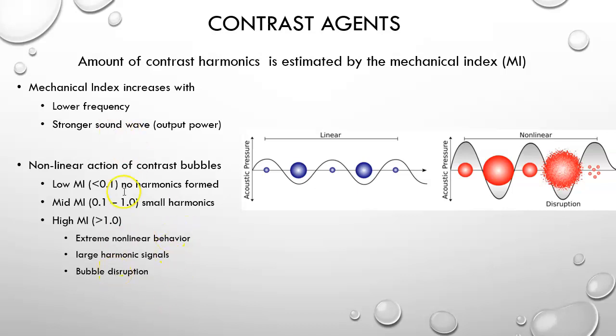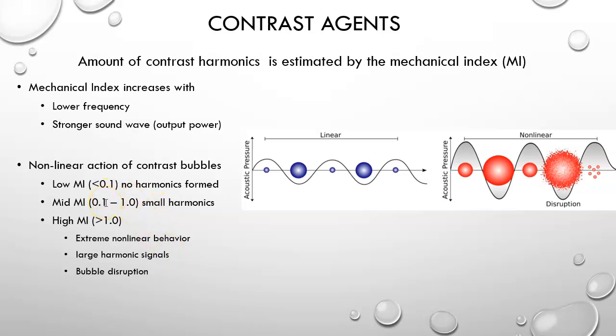Okay, so low MI, less than 0.1 MI, harmonics are not going to form. Even with contrast bubbles, they won't form. In mid mechanical index, so 0.1 to 1.0, you start getting small harmonics. And this is what we're going to start seeing as the sweet spot, 0.1 to 1.0 small harmonics.